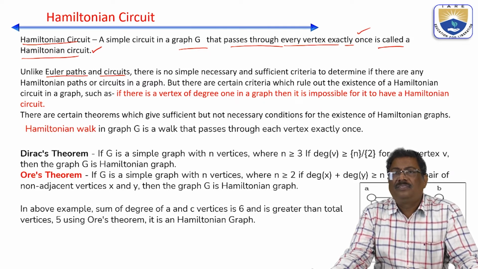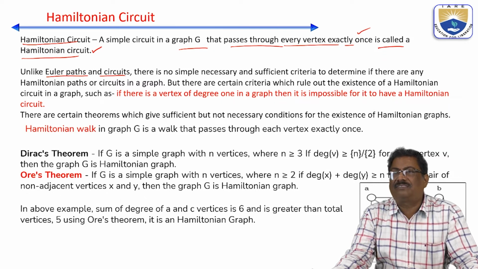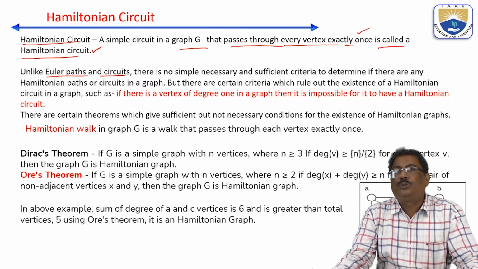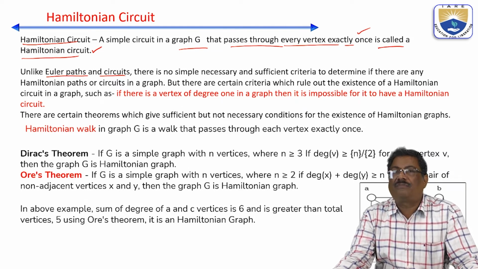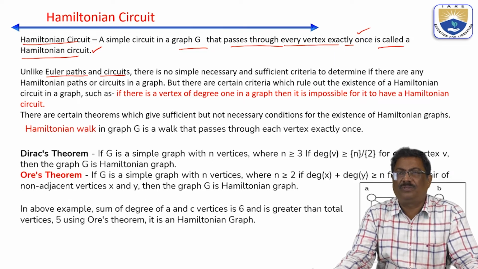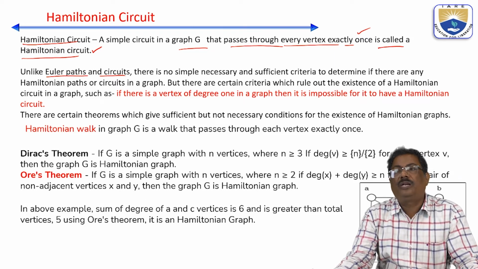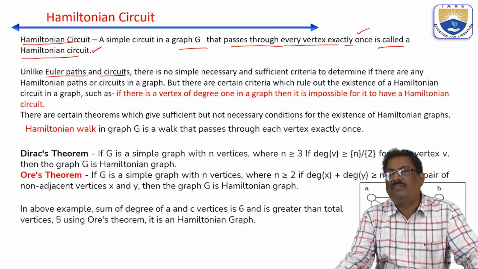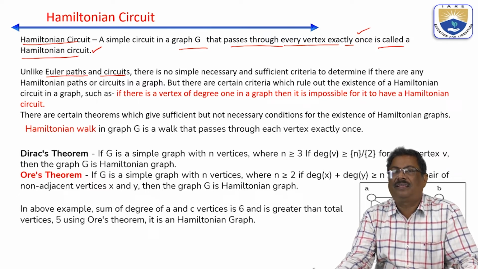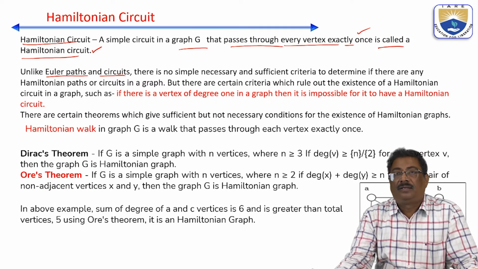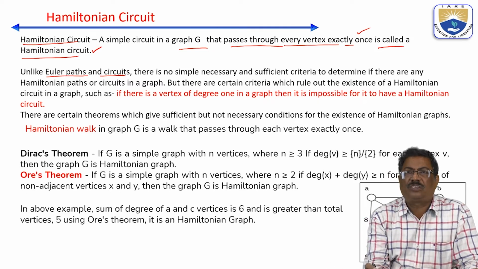Like that, there is no simple necessary and sufficient condition to determine whether a graph is a Hamiltonian graph or not, that means whether it has a Hamiltonian circuit or not. So there is no specific rule, no such provision here.